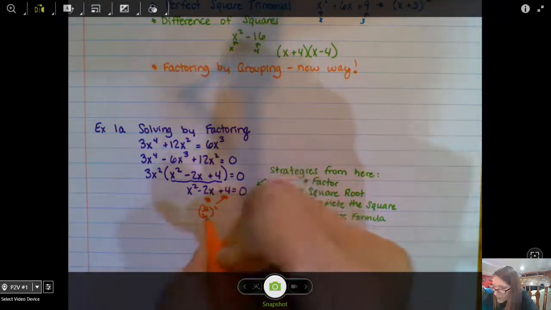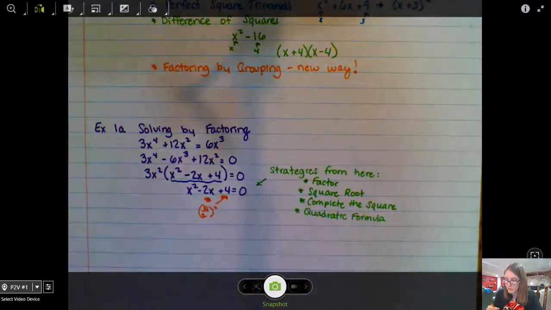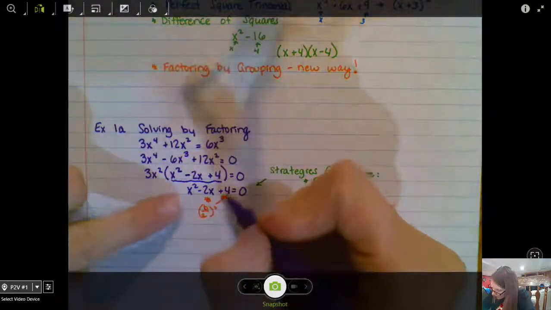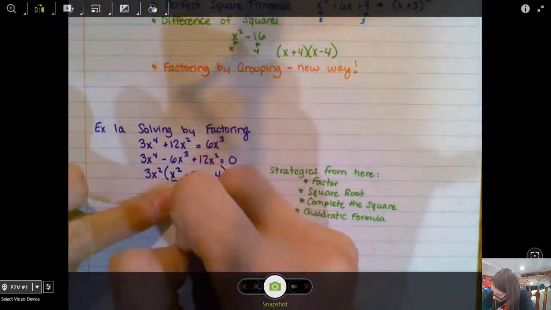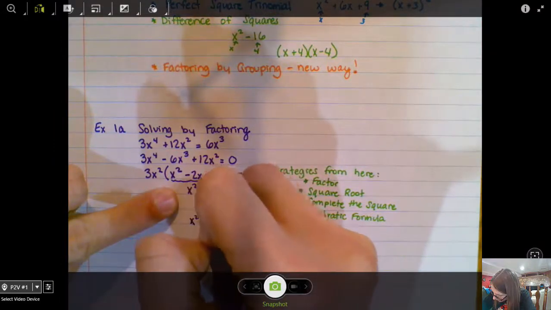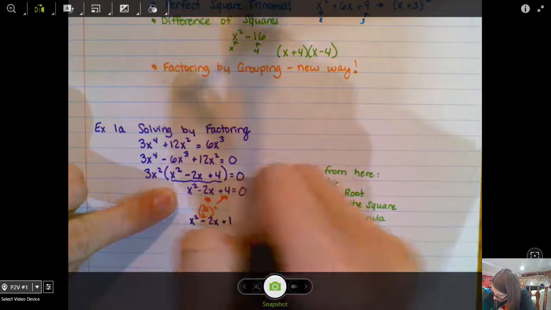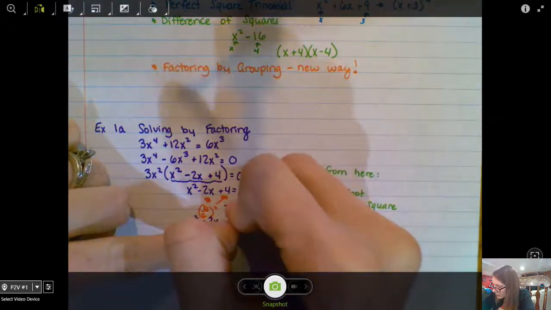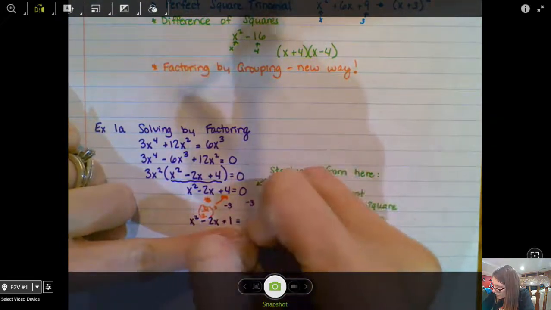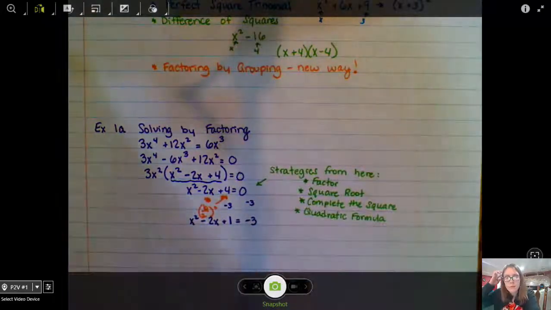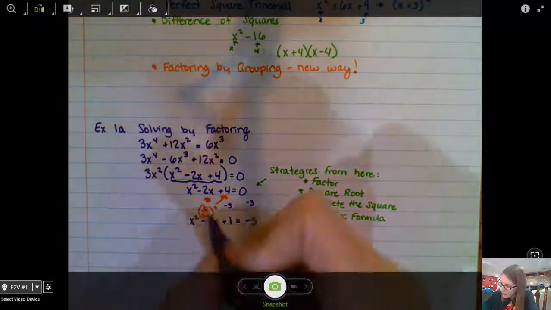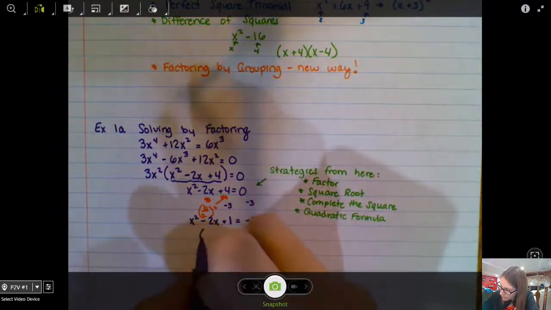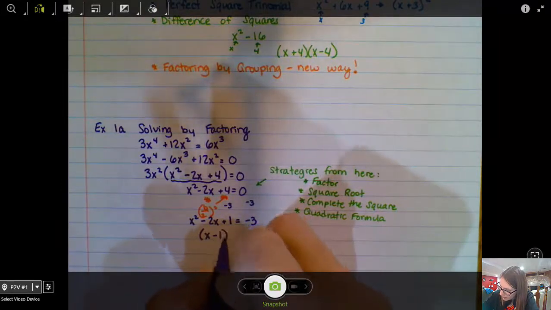So I want this number to be b divided by 2 squared. So I want this number to be a 1. And to make this number be a 1, I really need to subtract 3 from both sides. And by making this number a 1, we have a perfect square trinomial, x minus 1 squared.